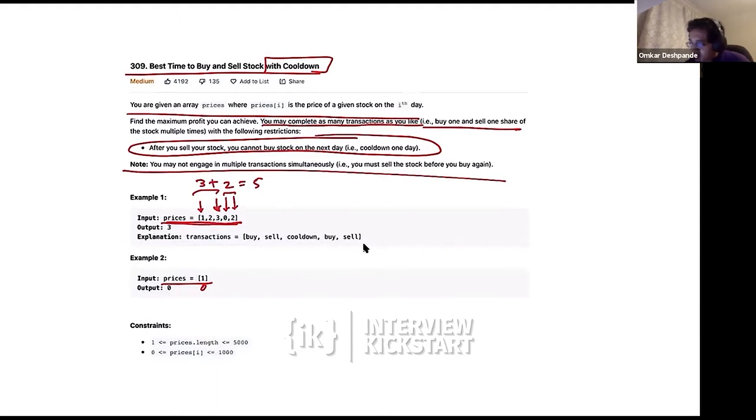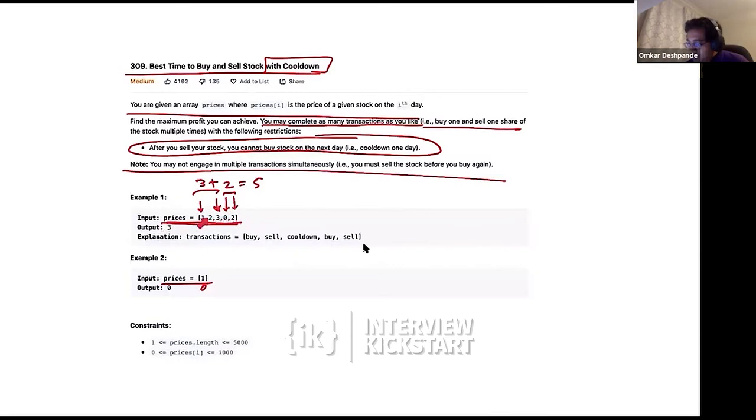So the optimal solution here is actually to buy at a price of 1, but instead of waiting till it climbs to 3, sell it 1 day before, even though the profit here is just 1. But by waiting for 2 days, we get to buy it again, and this time the profit is 2. And so the total would be a profit of 3.